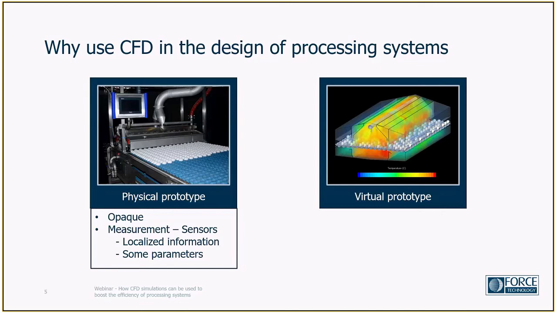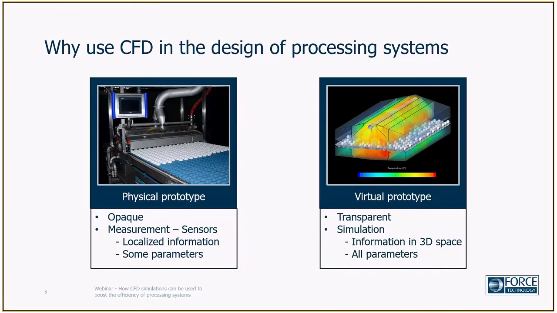can use. And on the other hand, our virtual prototype is much more transparent. Well, it's actually 100% transparent, where we can see everything, absolutely everything related to the flow, in this case, inside the fluid domain.